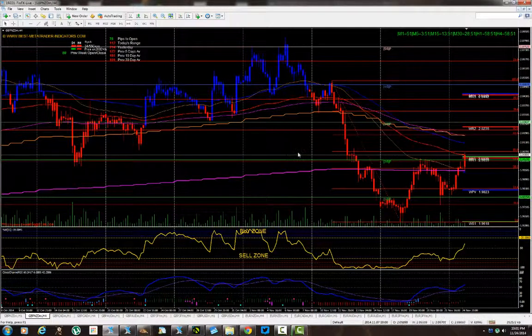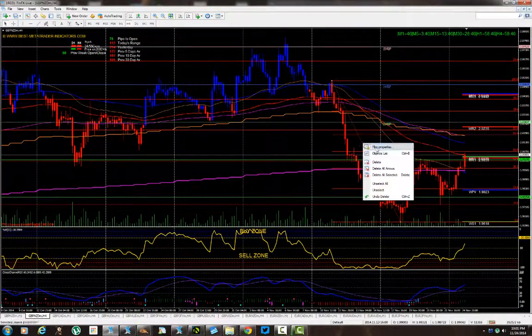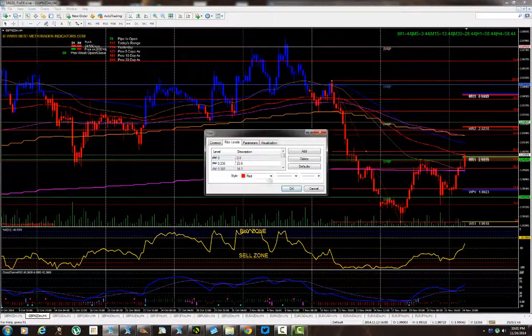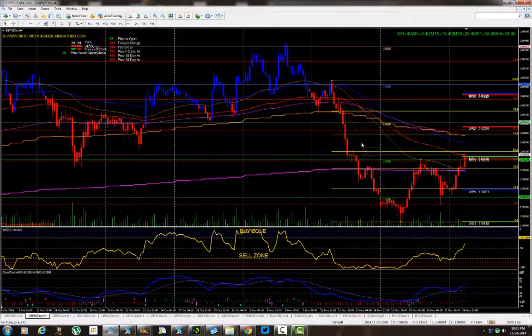And we'll also draw trend lines if necessary on these charts. So let's change this because yellow is usually what I use there. And this gives us more levels to trade against.